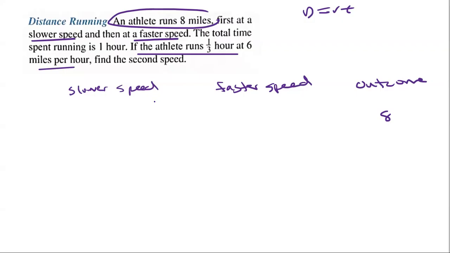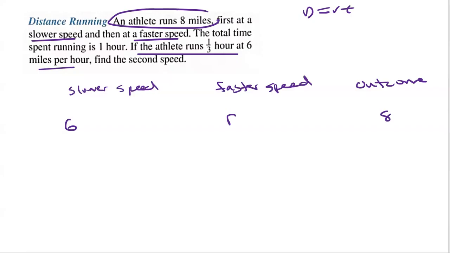Hopefully everybody got that. So 6 was his slower speed. Do we know how fast the person was going on the faster speed? No. So that's going to be our X or whatever variable you want. I'm just going to put R for the rate. Okay. So 6, you know the rate, faster we don't know. So that's going to be R.